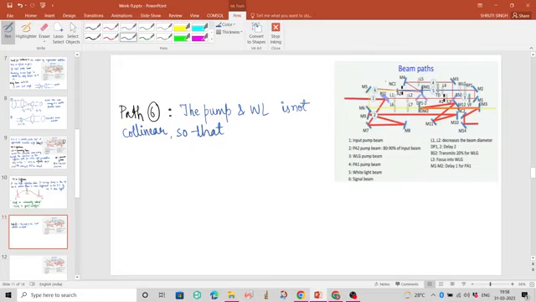So the pump can be blocked at this point, so that the pump can be dumped, because now we have generated the signal and we don't need the pump anymore.